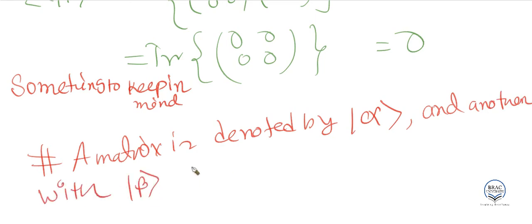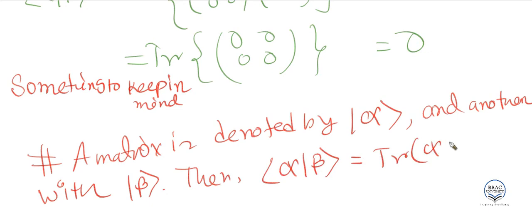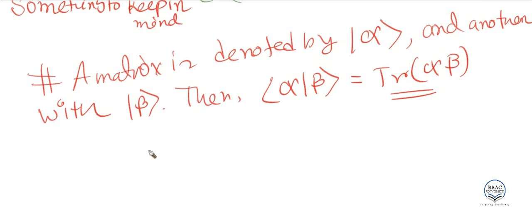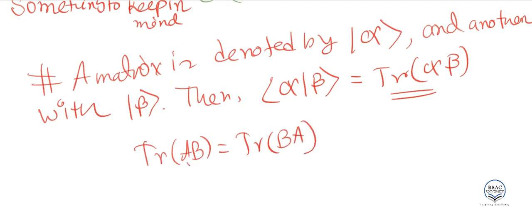This is another matrix. If this is true, then the inner product of alpha and beta will be given by the trace of alpha beta. And you know that trace has another property, that the trace of AB is equal to the trace of BA, right? Where AB is some matrix, and here this product comes from standard matrix multiplication. So you can also write it like this. We will prove why this is so when we discuss something called linear operators. So this will be it for today, and thank you.